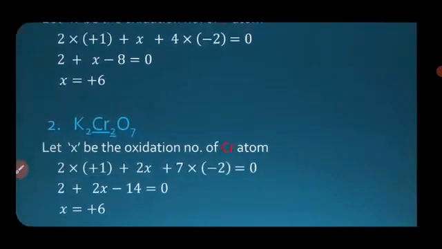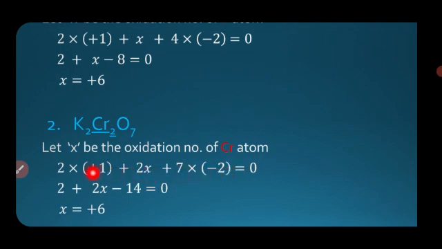So let X be the oxidation number of the Cr atom. 2 into +1, now why +1 have we taken? This is for K. K is an alkali metal and it has +1 oxidation state. Plus 2 into X, because 2 atoms are there. Plus 7 into -2, where -2 is of oxygen. So 7 into -2 is -14. The sum should be equal to 0.